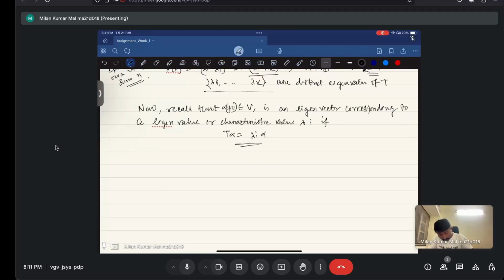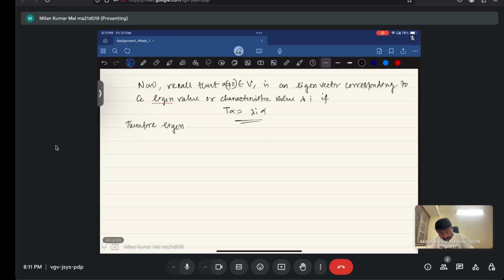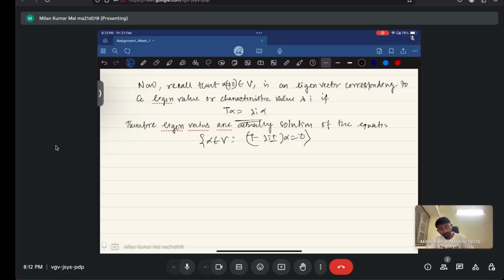Eigenvectors are actually solutions of the equation (T minus lambda i) alpha equals 0, but here we are considering alpha to be non-zero.